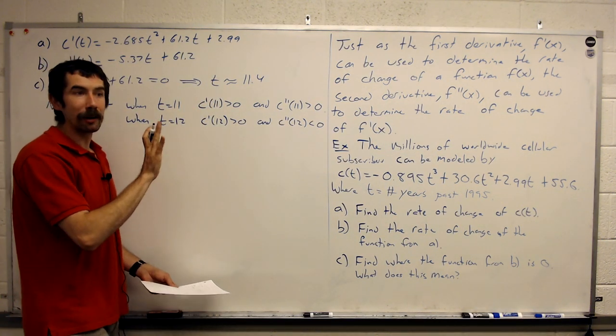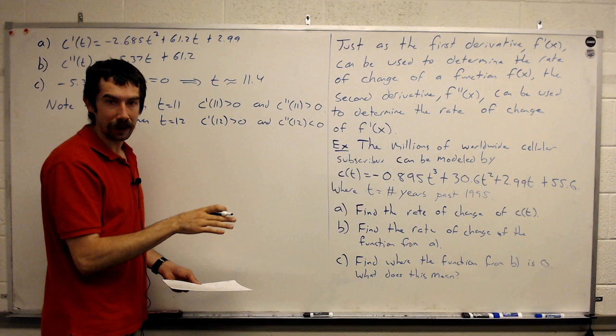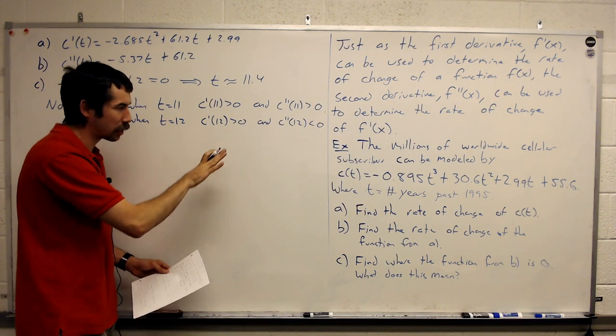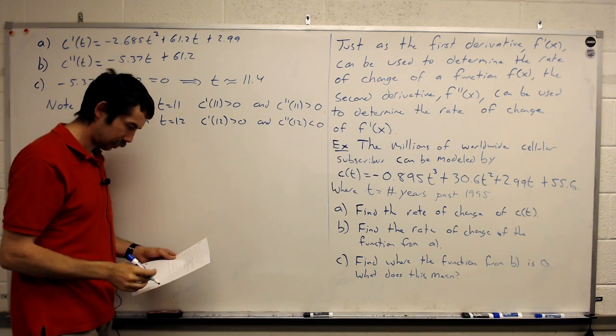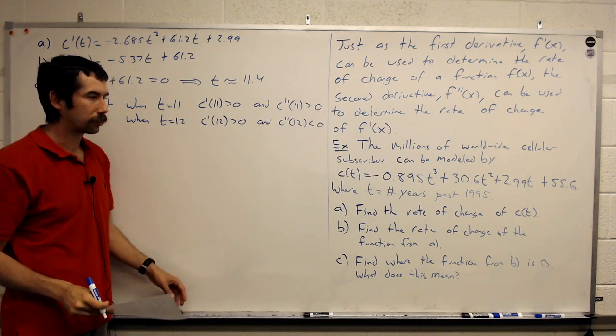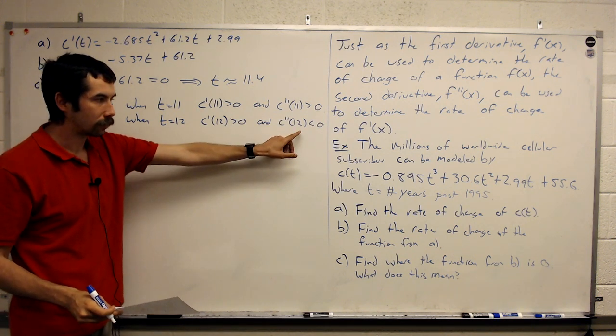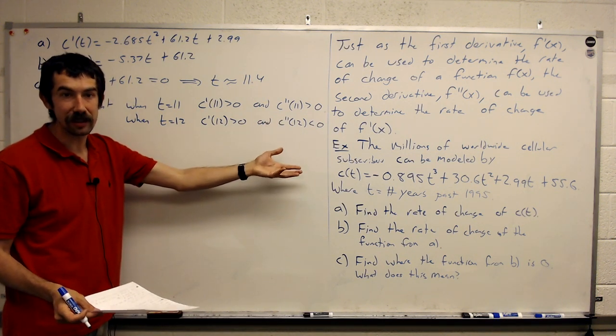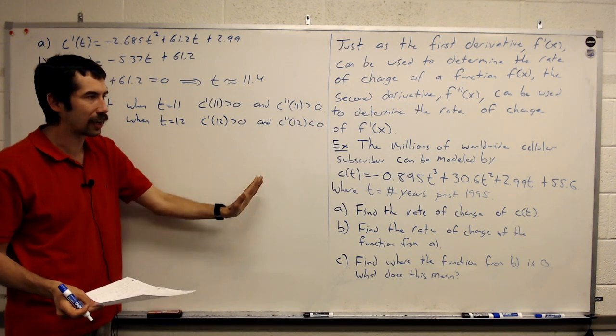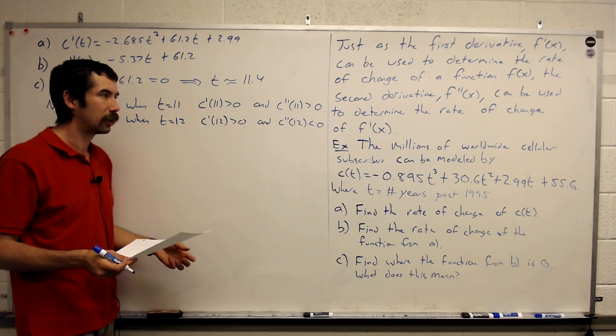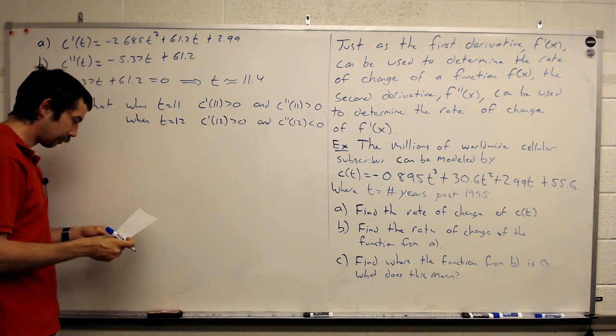This means it's increasing, but it's slowing down. We're not increasing by as much. We're starting to slow down, because a lot of people by the year 2007 had cell phone subscriptions already. So it's hard to keep increasing the number of cell phone subscriptions if people already had them.